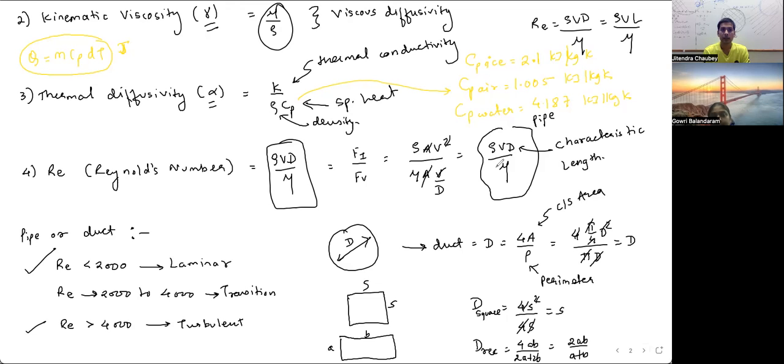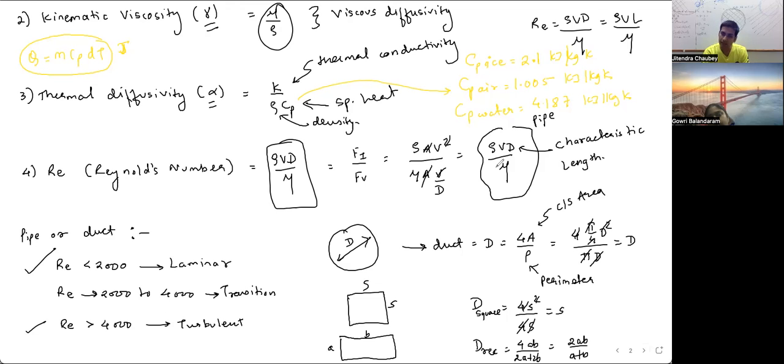So in order to find the Reynolds number, you need to find all these values at a particular temperature. Like if heat transfer is occurring between a surface and a fluid, then you need to calculate the mean value of those two temperatures.